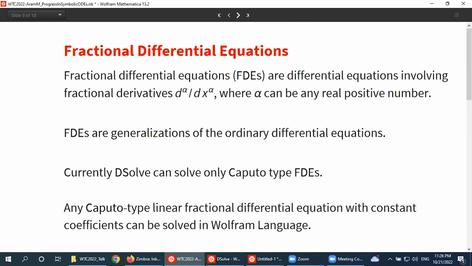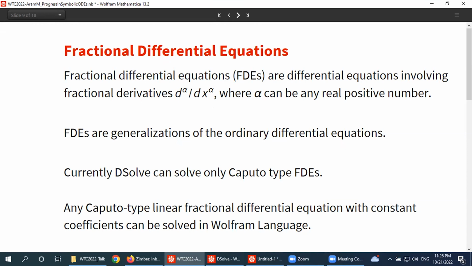Now let's speak about fractional differential equations, a new type of differential equations, which can be solved now by DSolve. Since in version 13.1, we implemented fractional derivatives and also the fractional Laplace transform, it was obvious for us that the next step must be the implementation of fractional differential equations, which we also did.